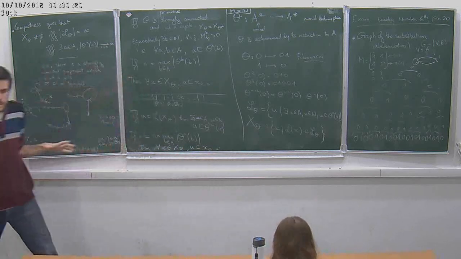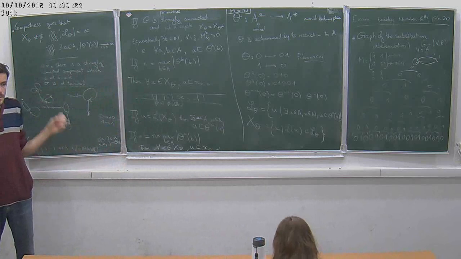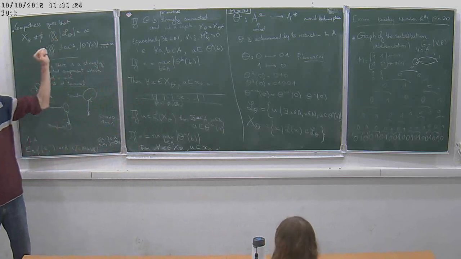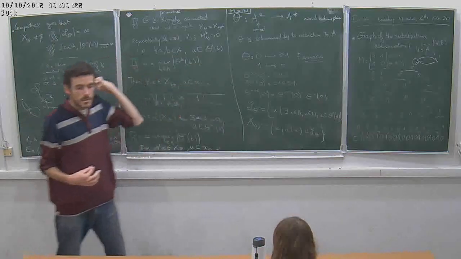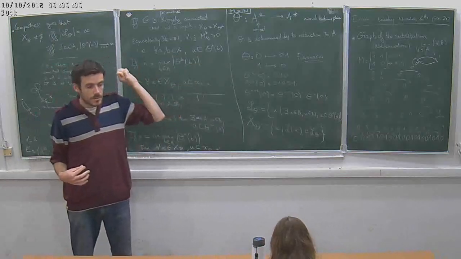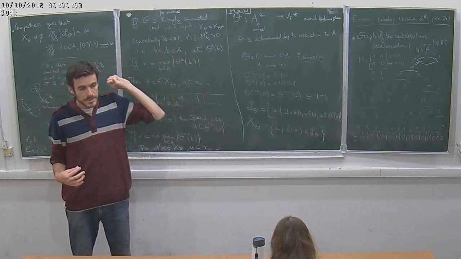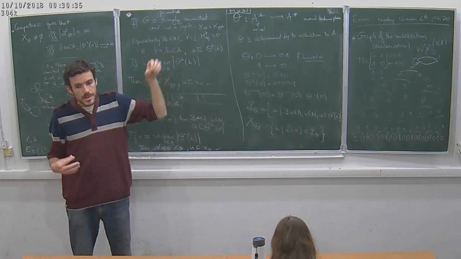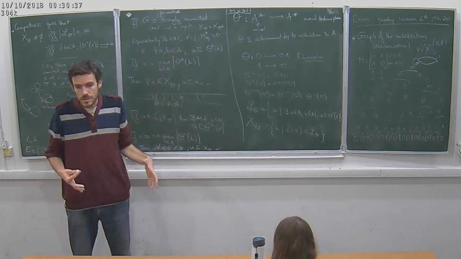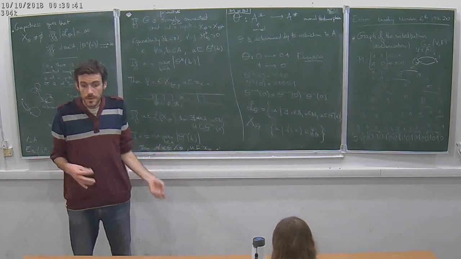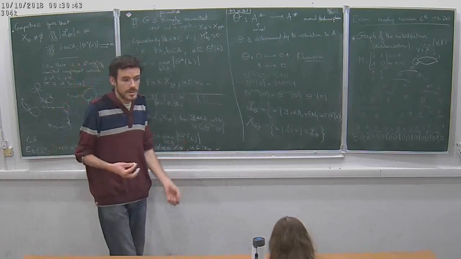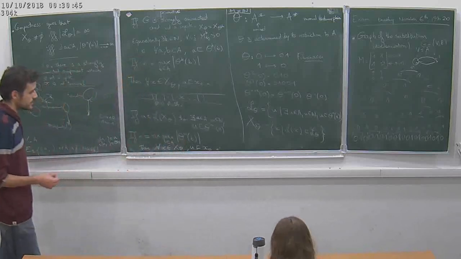You understand more or less the idea? So if you prove that letters uniformly recur, they occur uniformly with bounded gaps, then when you apply the substitution, you transmit this property to all the finite patterns which appear in their images.